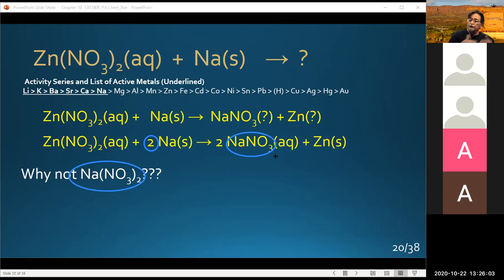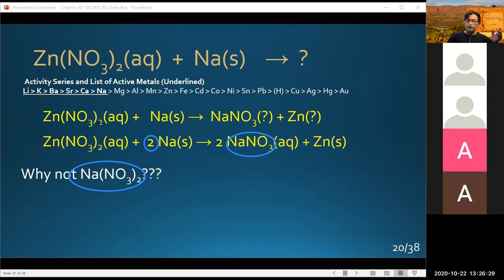Right. That infers that sodium would be a +2, correct? Well, it can't be, because sodium is in group 1. It only has 1 valence electron to give up. So that formula, Na parentheses NO3 2, would be totally incorrect, just simply because we know where sodium sits on the periodic table.